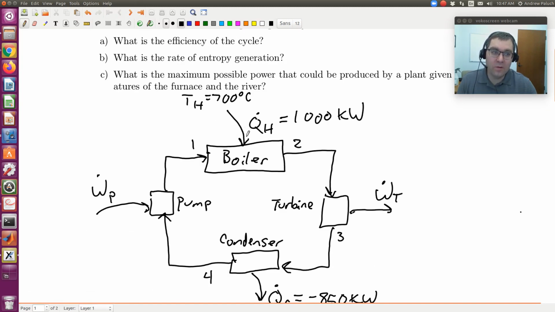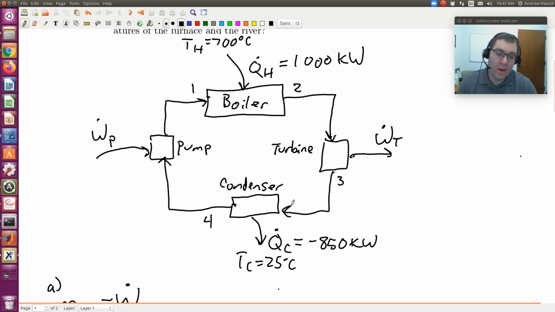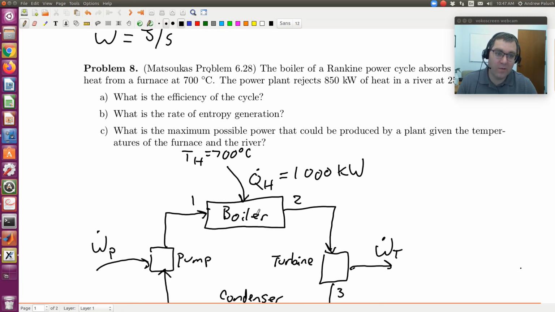I'm going to assume that the heat absorbed in the boiler is coming from a bath at a temperature of 700 degrees C, and that the heat rejected in my condenser is also being rejected to a bath, in this case at 25 degrees C.